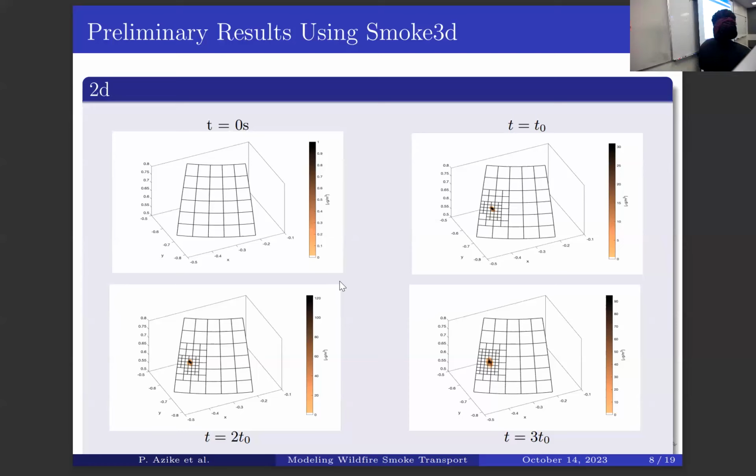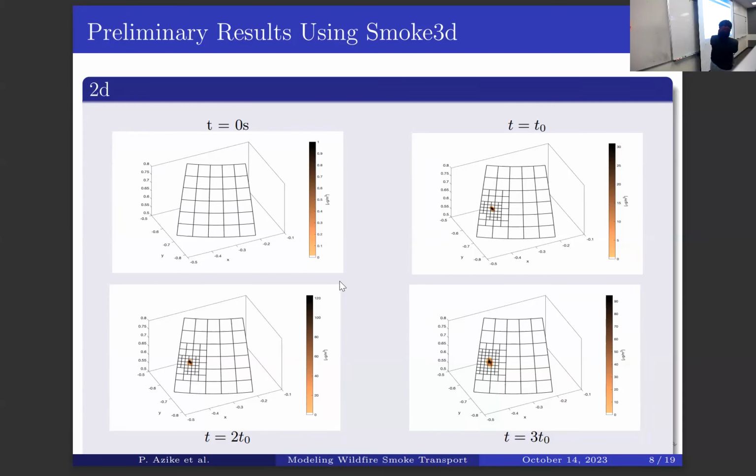So in 2D, this is the AMR simulation in 2D. At the beginning, at 0 seconds, there's no smoke, and the force term has not started injecting smoke into the atmosphere, so we don't have any concentration. And then for whatever velocity that we use, whether we increase the speed or decrease it, the concentrations we got were almost the same.